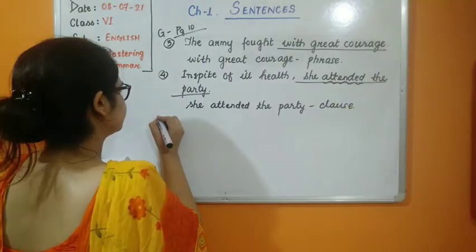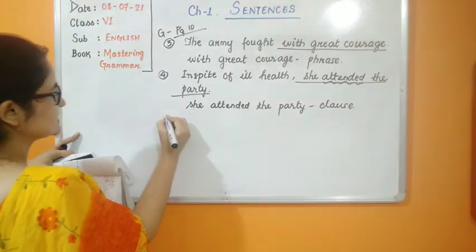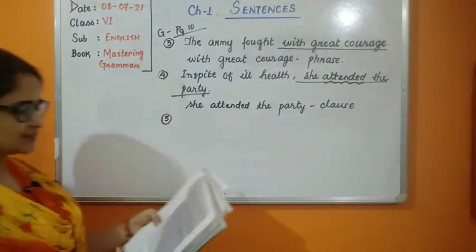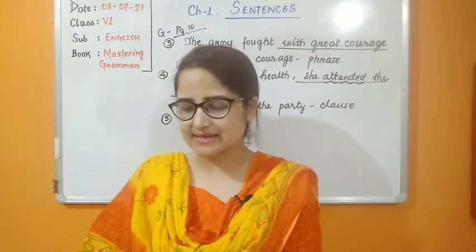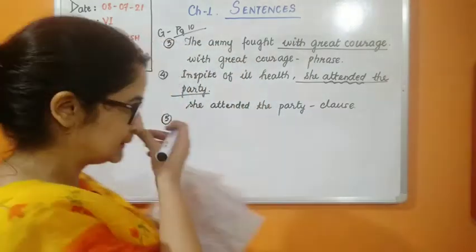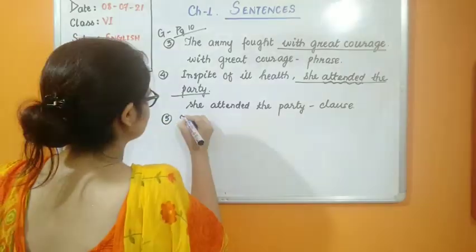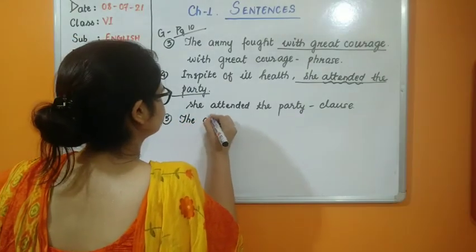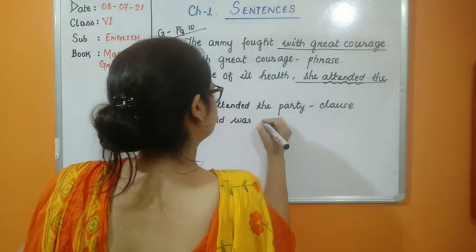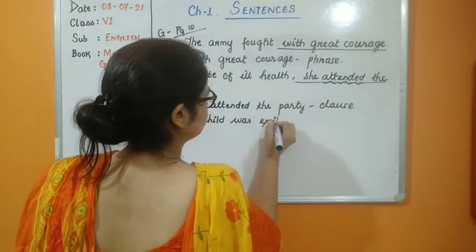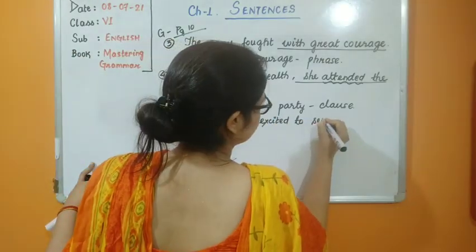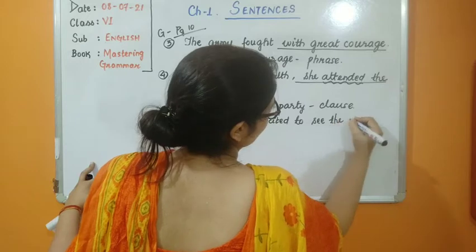Now moving to the 5th one. Let us stick to this side only. The child was excited to see the peacock dancing. Okay children, the child was excited to see the peacock dancing.